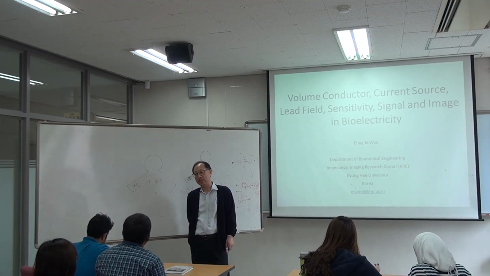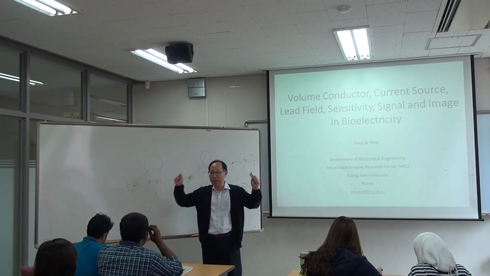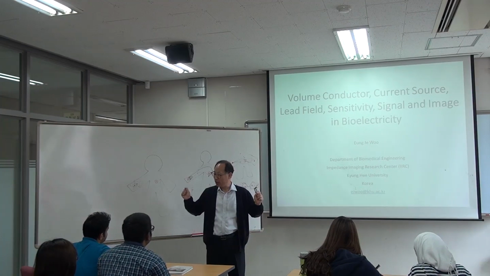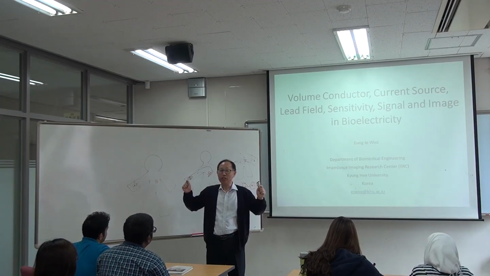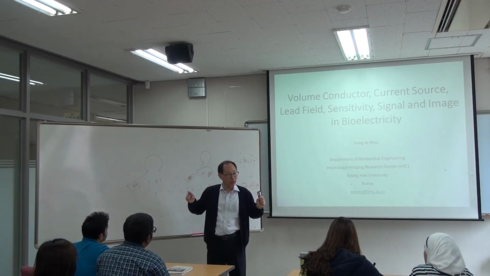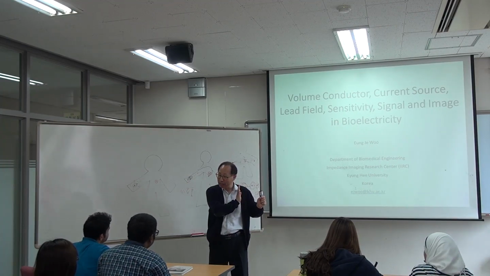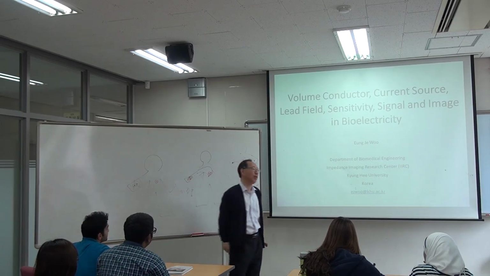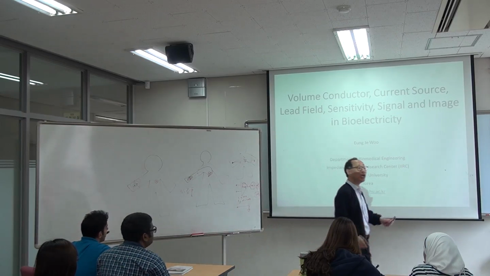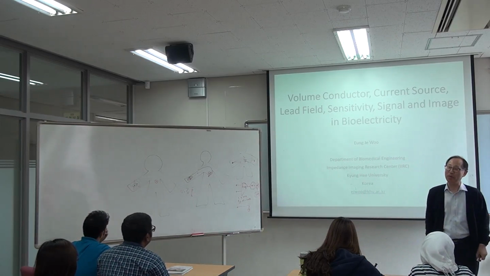So when you measure an ECG signal, you have to have 2 electrodes. When you inject current between those 2 electrodes, the injected current must pass through the heart. Otherwise, that pair of electrodes cannot see the dipole inside.